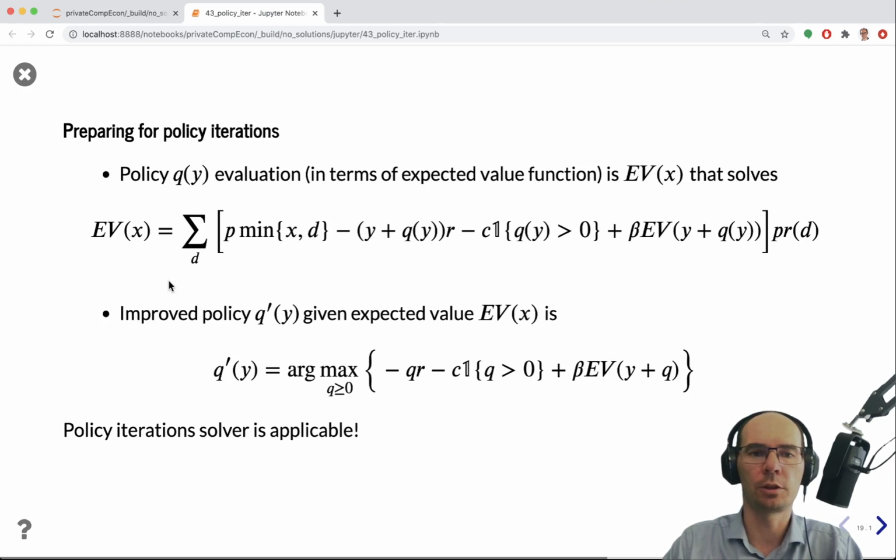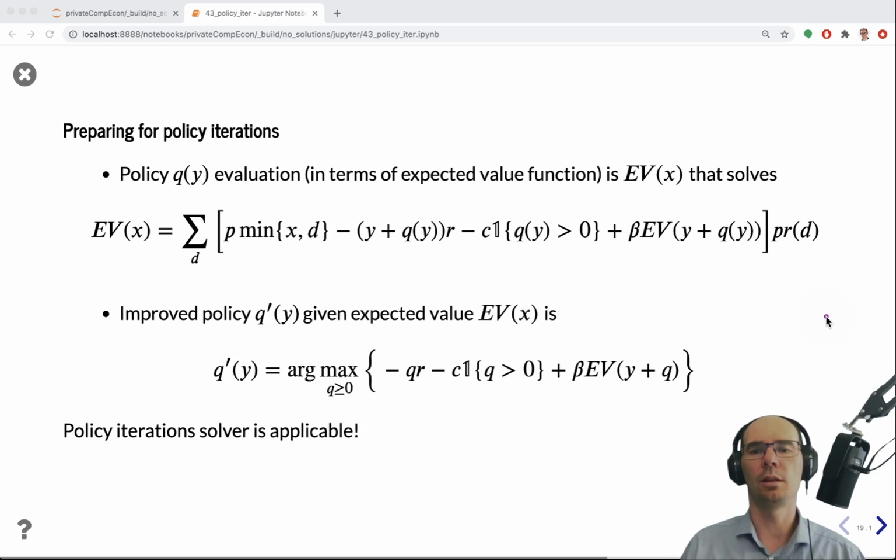It's still a functional equation, but let's look at it in a moment. And then the second step of the policy iterations is improving the policy by calculating this argmax using the EV just defined in the previous step. So then we go back and forth between these two steps in the policy iteration sense.